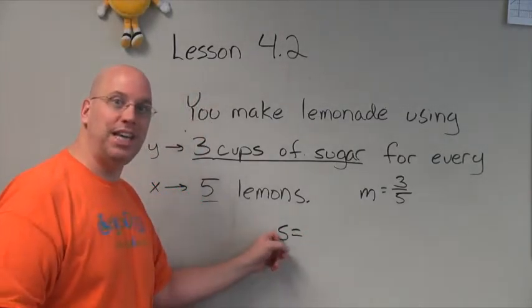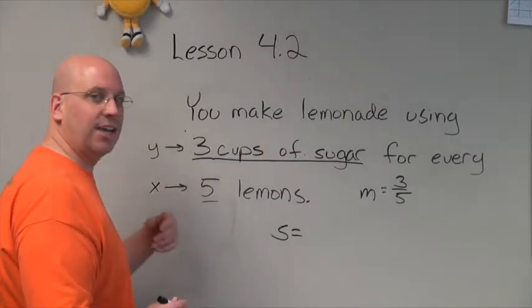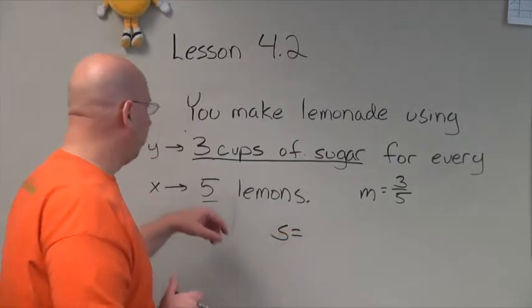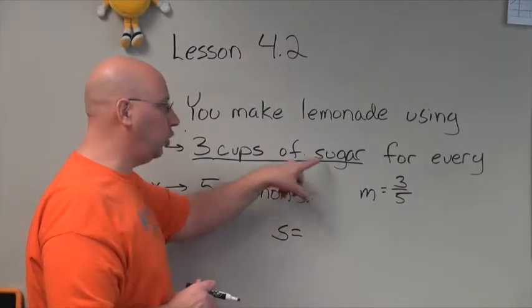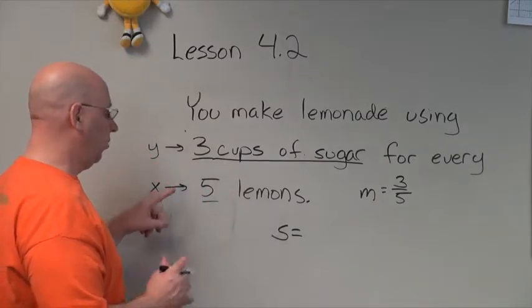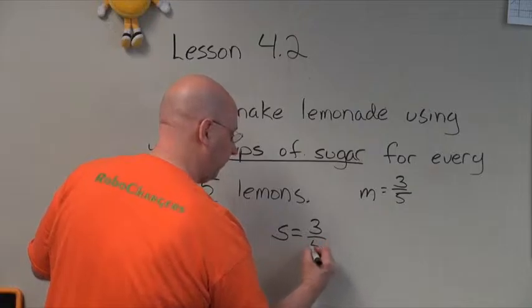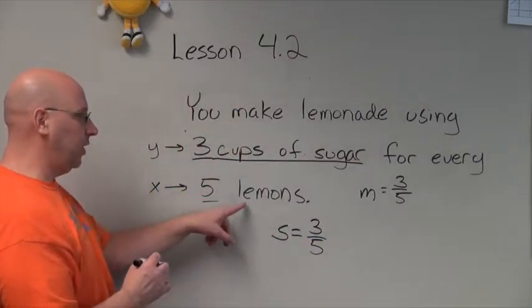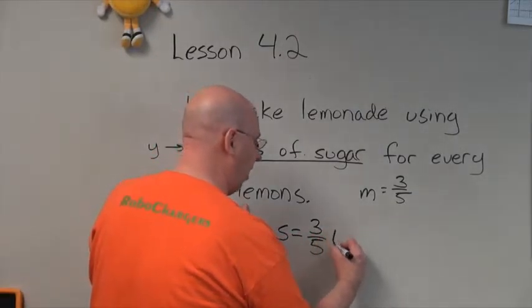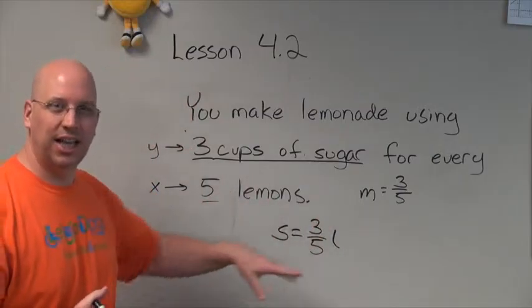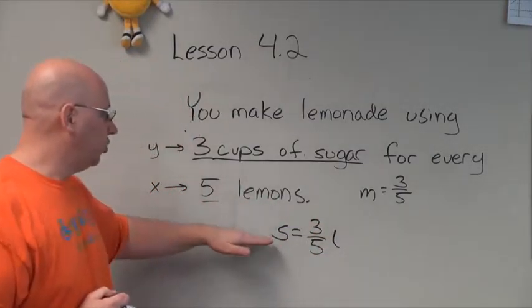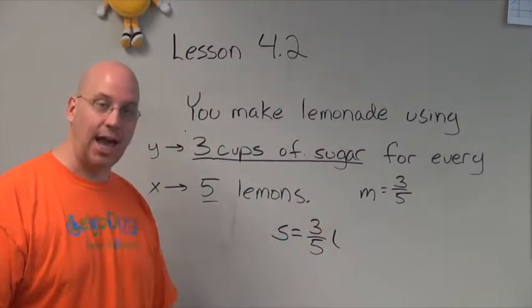You want to pick meaningful variables. Okay, x and y don't always help. The amount of sugar that I would need, the y, would be equal to the rate times the x, which is lemon, so I'm going to say L. I make it like that so it doesn't look like a 1. So the sugar is 3/5 times L.